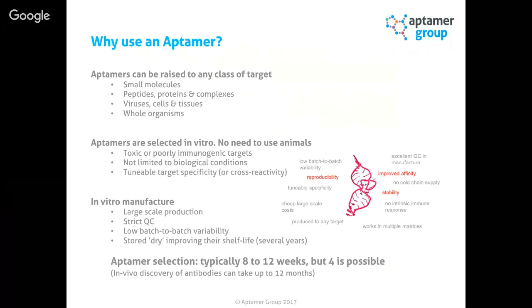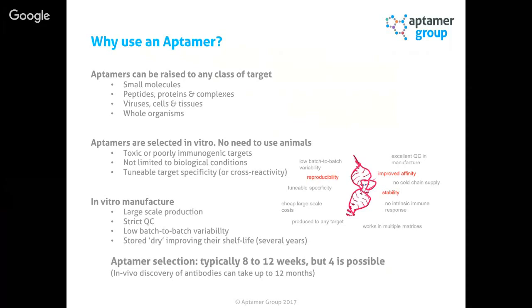You can imagine it's very difficult to try and elicit an immune response against a paraffin-embedded tissue section, for example. Well, we work in a lab, so we can work with tissue samples like that. We can also work with small molecules or proteins that might be inherently toxic, or just don't stimulate the immune system at all. So we really can work with a much broader range of targets than you might get from other technologies like antibodies.